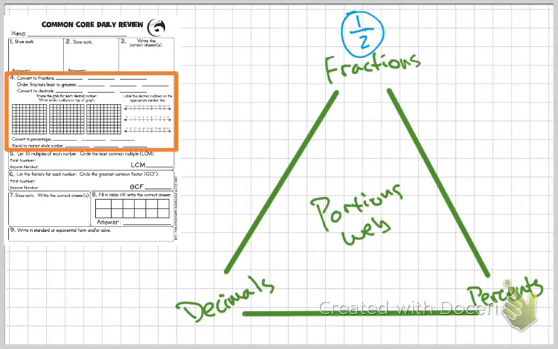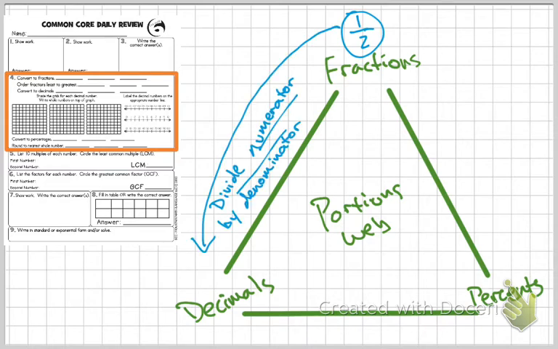Now, some of you might already know what the decimal value of 1/2 is, but understanding how to take any fraction to a decimal is really helpful. So our rule for that is that we're simply going to divide the numerator, which is our top number, by the denominator, which is the bottom number of our fraction.